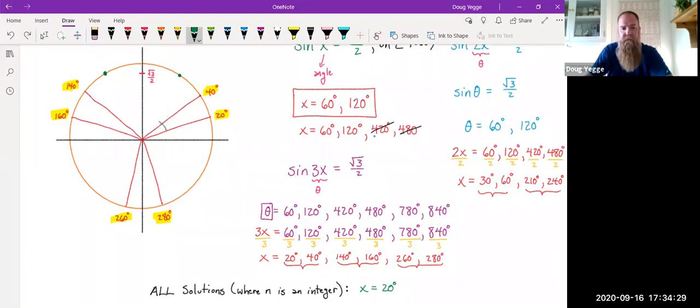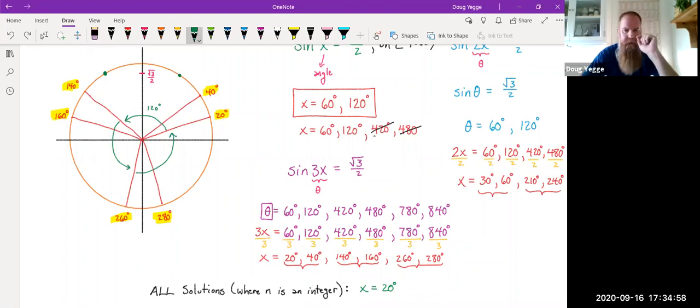If I skip the 40-degree angle, the distance to here is 120 degrees. So now if I go from 140 and skip the next angle, notice that I add 120 degrees to get to 260. If I now start at 260 and skip the next angle, I land back at 380 degrees, which is 20 degrees past 360.